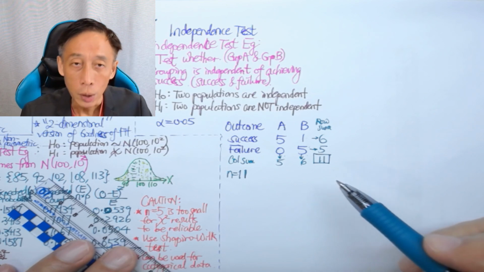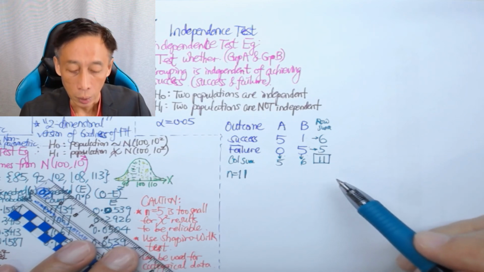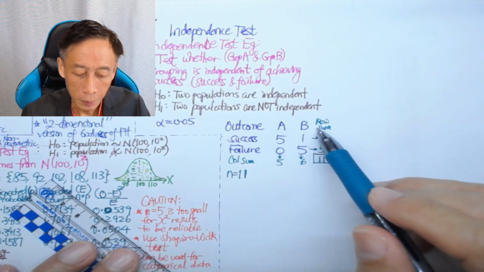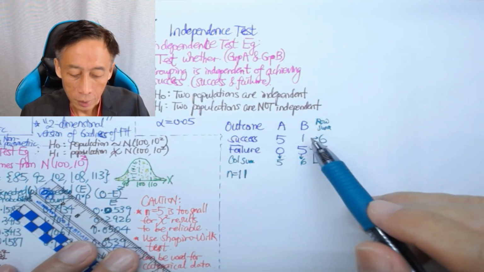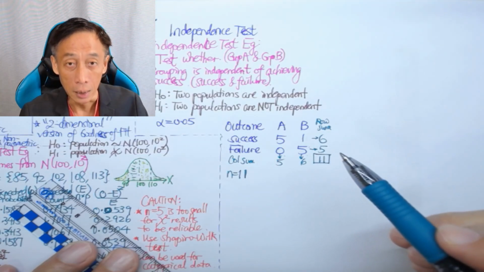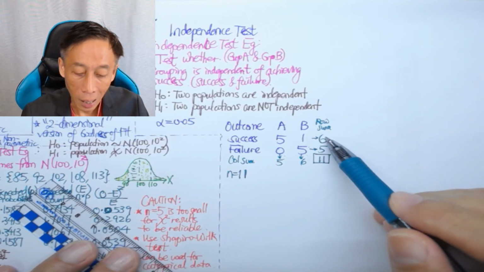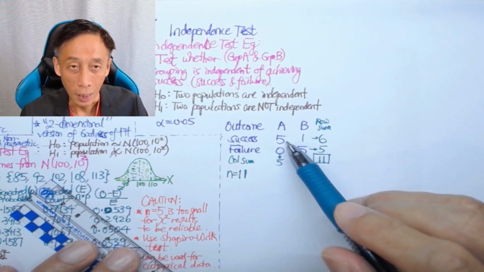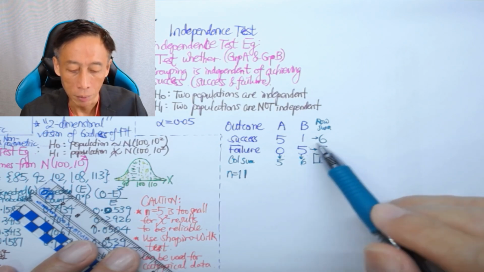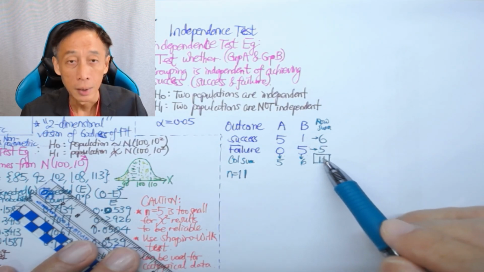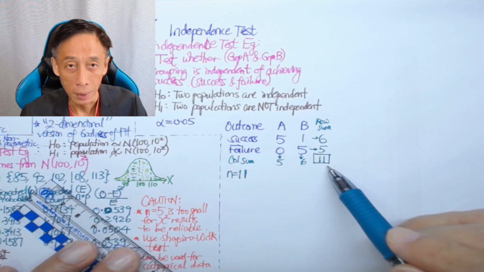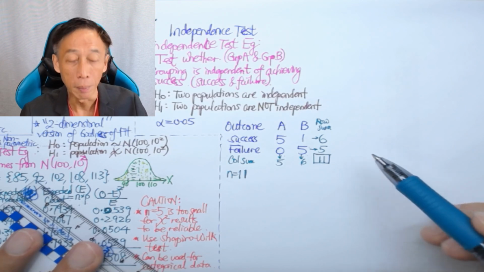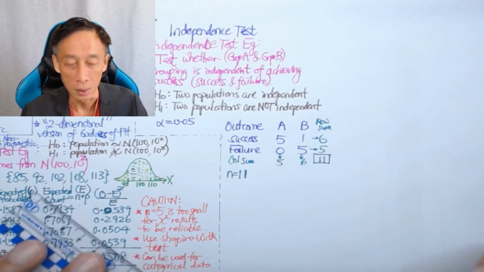And what we want to do is to assume that the population of grouping and the population of success failure are basically independent. So if they're independent, then the counts should be expected to be the product of the row sums and column sums divided by the total, due to the definition of probabilistic independence, which we'll discuss in the probability lesson.